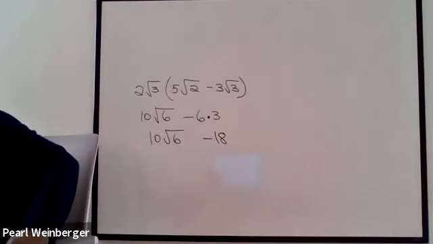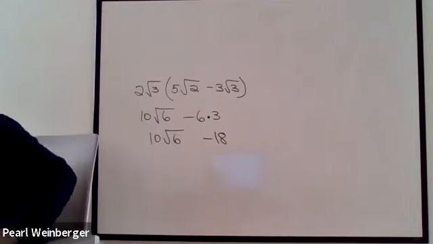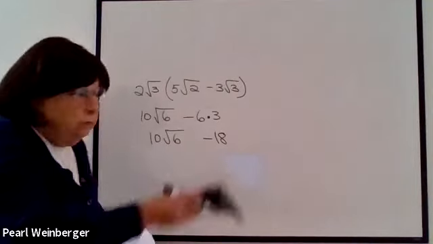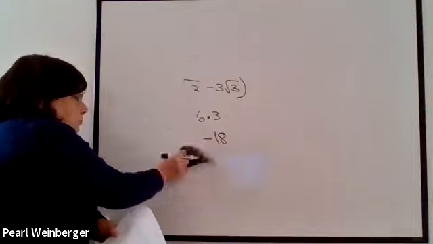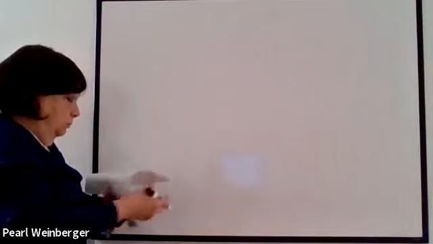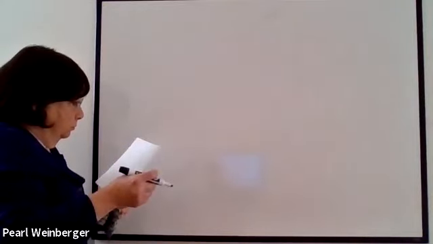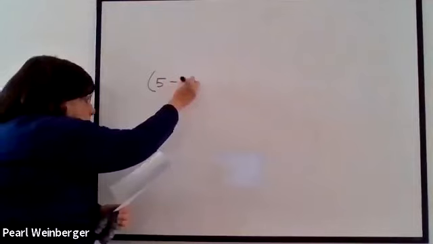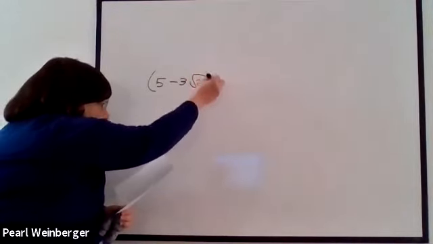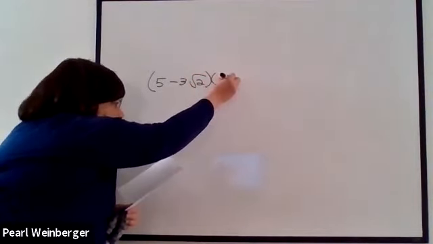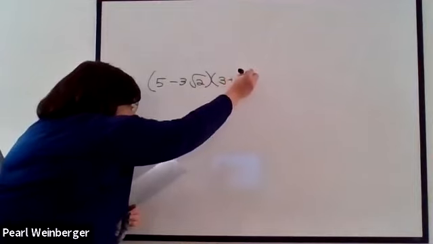Suppose I gave you something like this: 5 minus 3 radical 2 times 3 plus 6 radical 2.